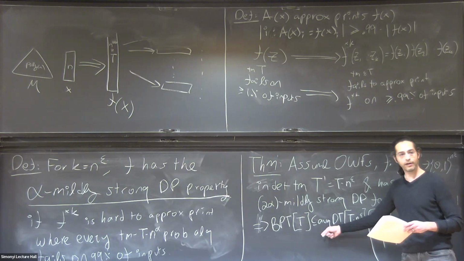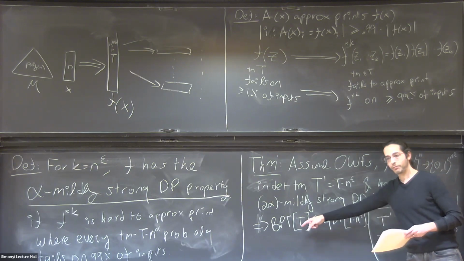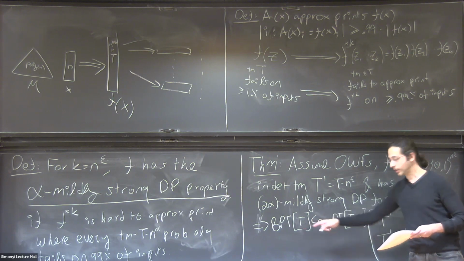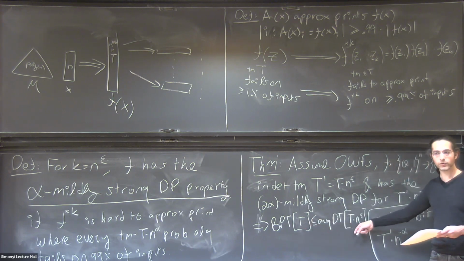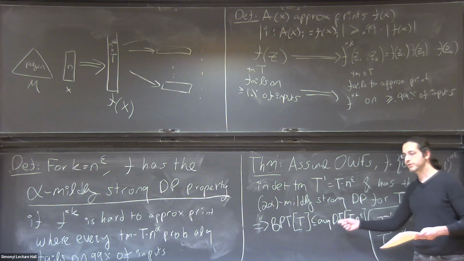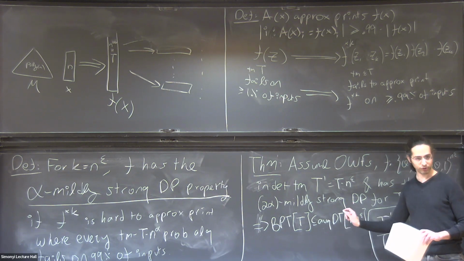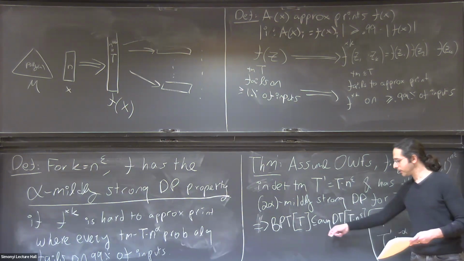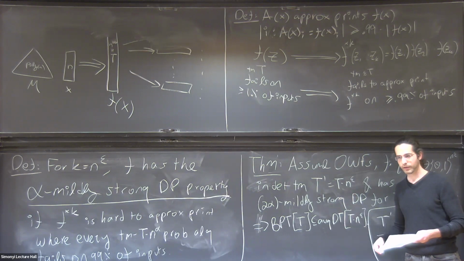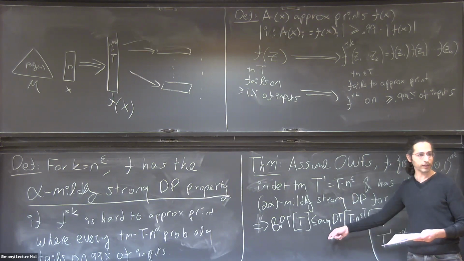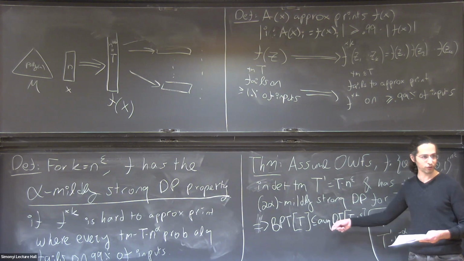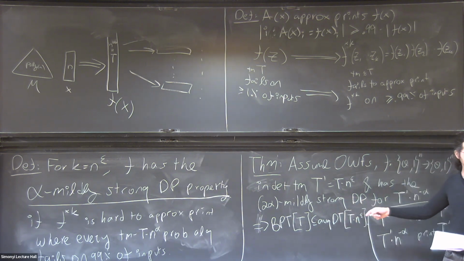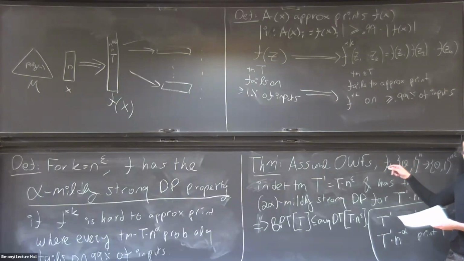And the notion here of average is that every problem in probabilistic time t can be solved in deterministic time very close to t with a small percentage of errors over the uniform distribution, just over the uniform one. This small can be an arbitrarily small constant. So indeed, this is weaker than the notion of hardness that I promised you. I'm going to talk about the stronger version, I think in about 15 minutes. I want to prove this weaker version just as a warm-up to get used to the ideas.